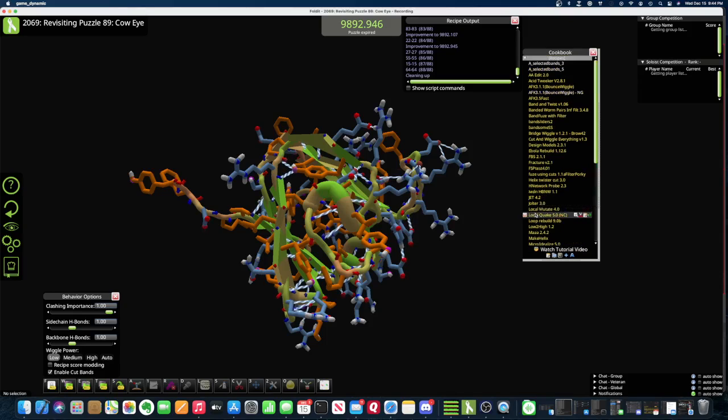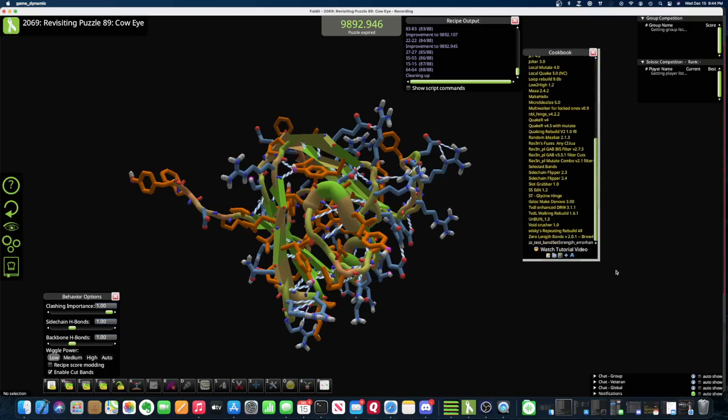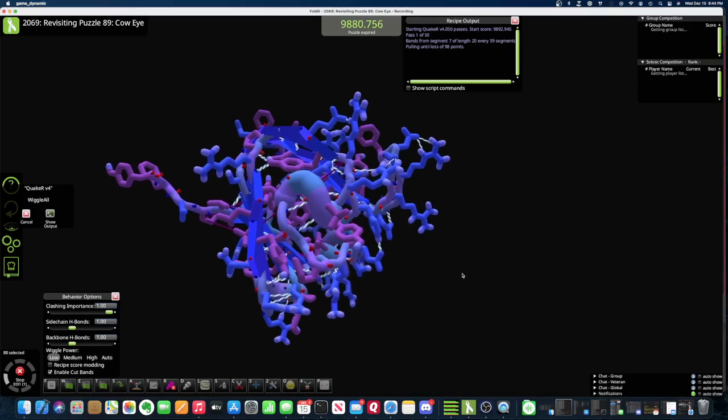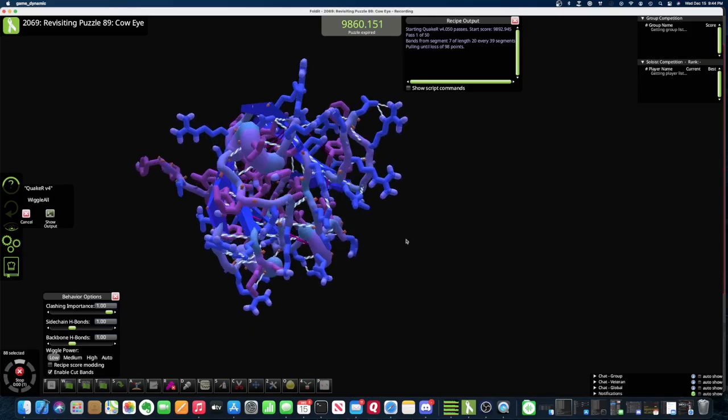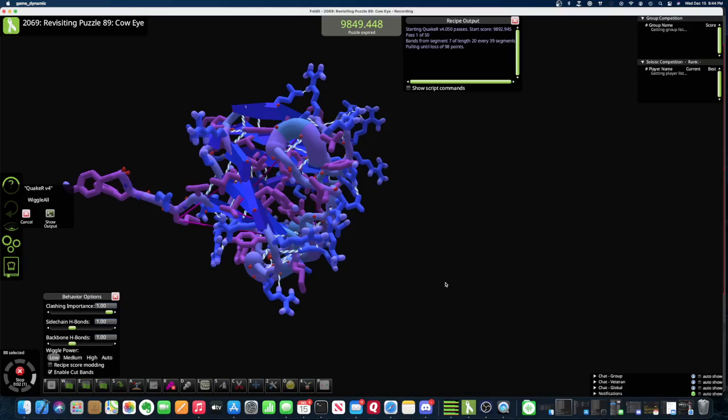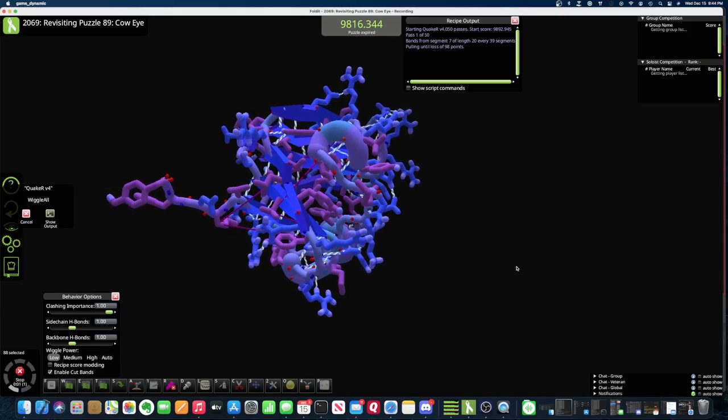What QuakeR does is it picks some bands, and it'll tell you which ones it's going to pick, and basically squeezes the protein and then lets go and wiggles and sees if it can get any points just by squeezing and trying to get it to move a little closer together.